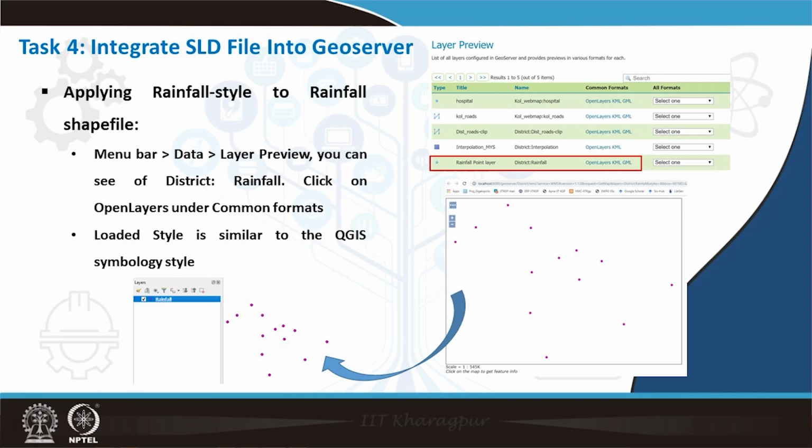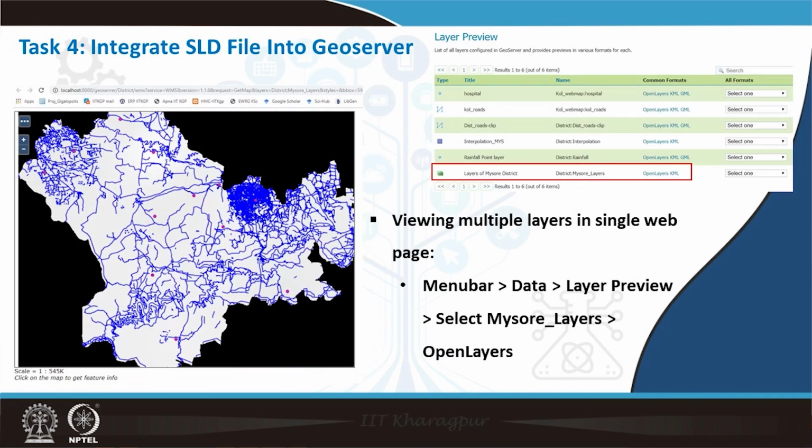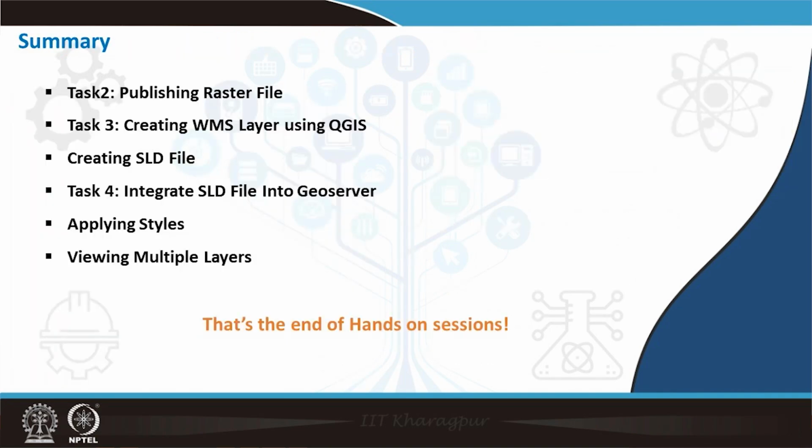I was also speaking about the order of arranging: first a raster, then line, and then points, and then we can visualize the integration of the 3 layers. We also saw the styling and importing the styling in Geoserver, and finally viewing all these things together. So this is the end of the Geoserver session.